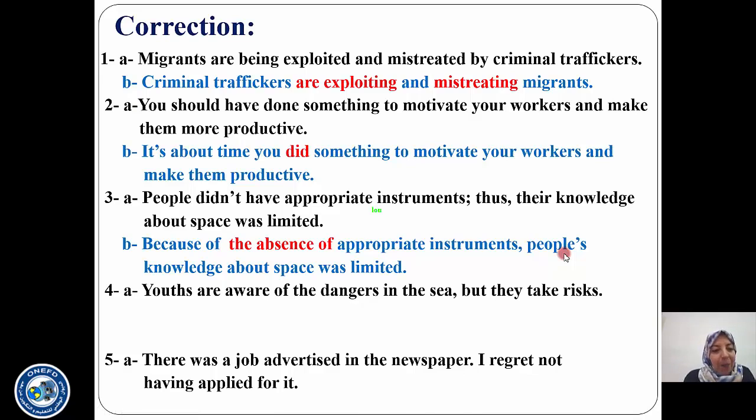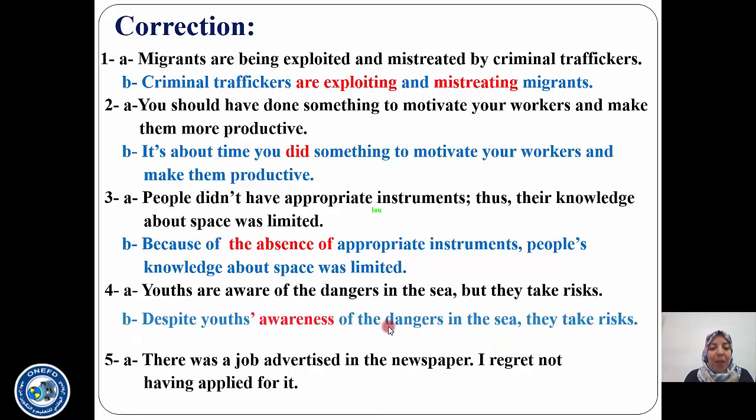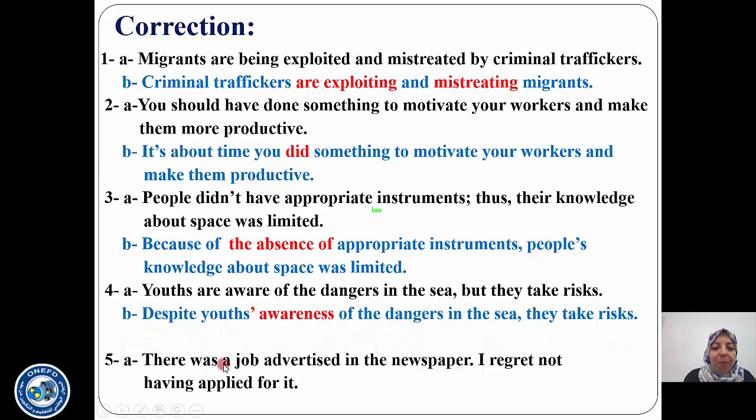Another sentence: yachts are aware of the dangers in the sea, but they take risks. So my sentence here expresses opposition with the but. You are asked to rewrite the sentence with despite. Despite expresses concession. Despite is a bit like because of. It should be followed by a noun phrase. So again, we need to make certain changes.